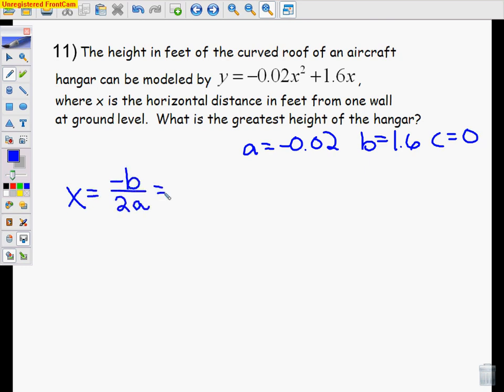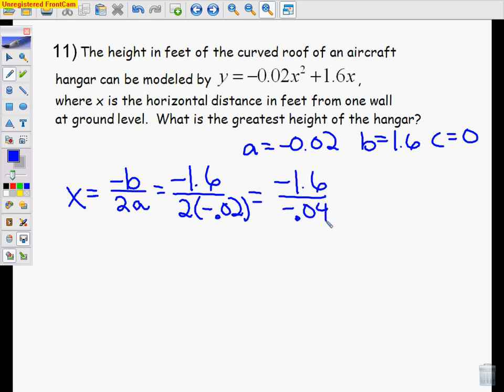Opposite of b in this problem is negative 1.6 over 2 times a, which is negative 0.02. If we simplify, that's negative 1.6 over negative 0.04. Let's divide that out. Negative 1.6 divided by negative 0.04 is 40. Once again, that's the x coordinate of the vertex.